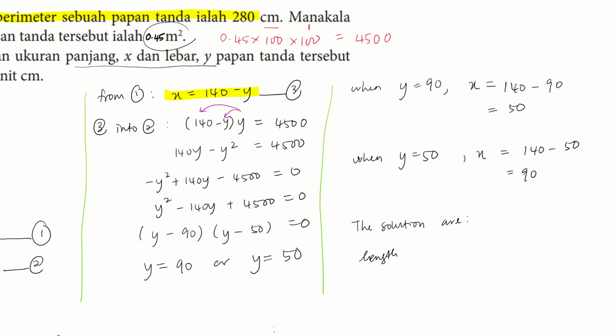So the length is equal to 50 and the width equals 90. Or the solution could be my length of the signboard is 90 and the width equals 50.